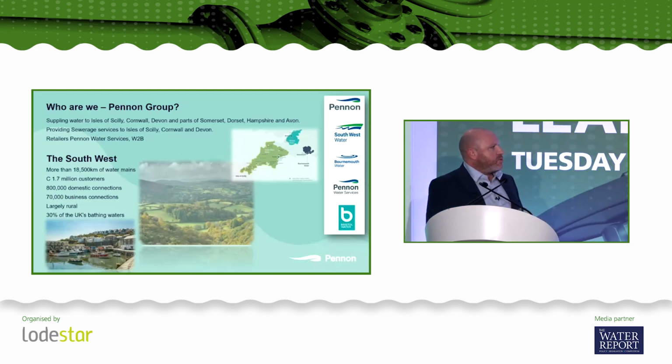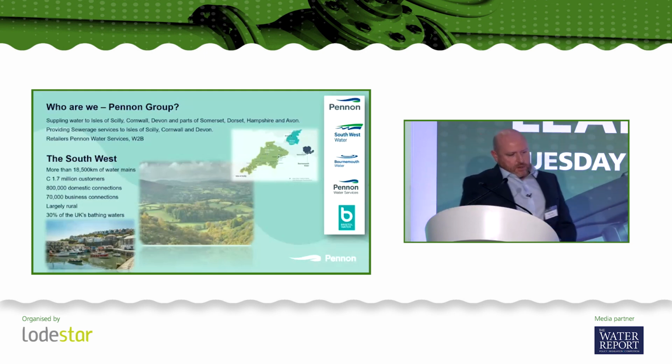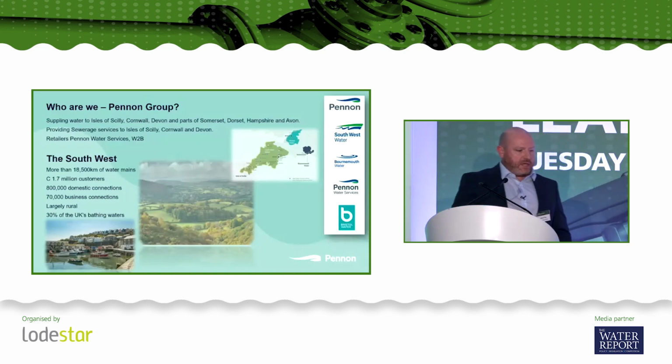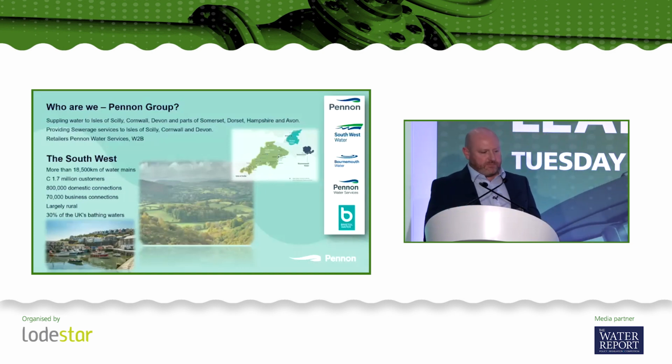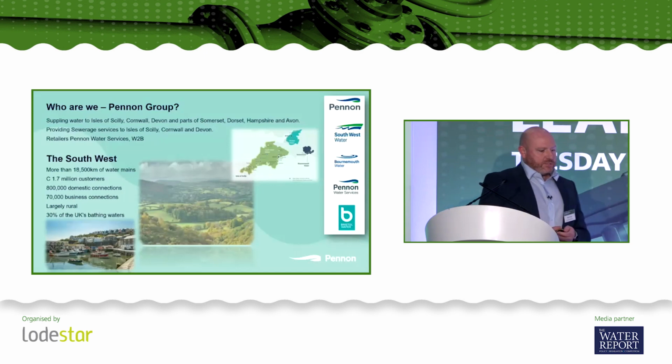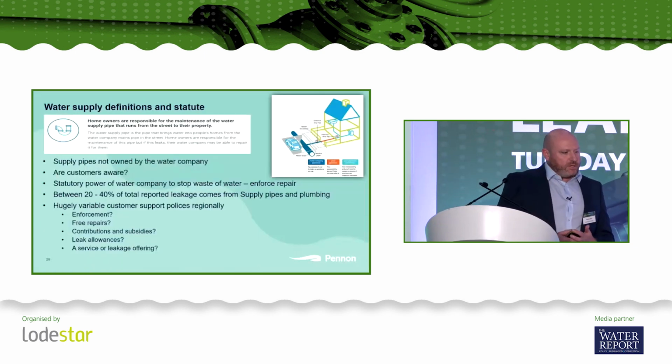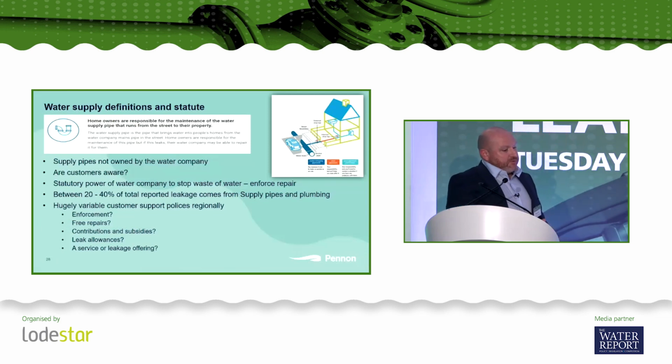Specifically today, talking just about the Southwest, we have more than 18,500 kilometres of water mains, approximately 1.7 million customers, spread over 800,000 domestic connections and 70,000 business connections. Southwest is largely rural, and we also have the responsibility of looking after 30% of the UK's bathing waters.